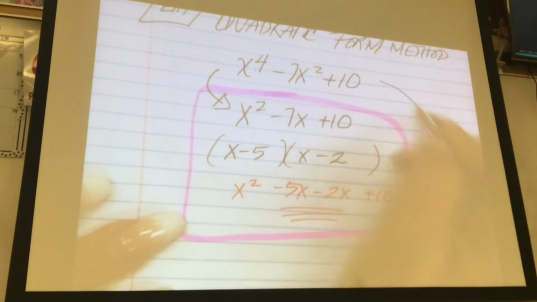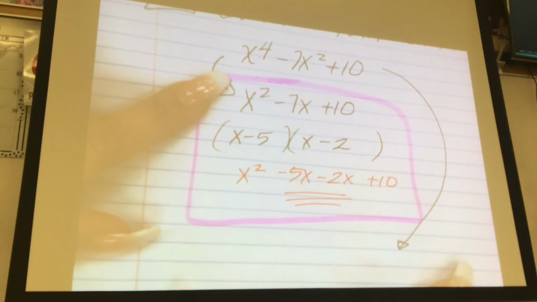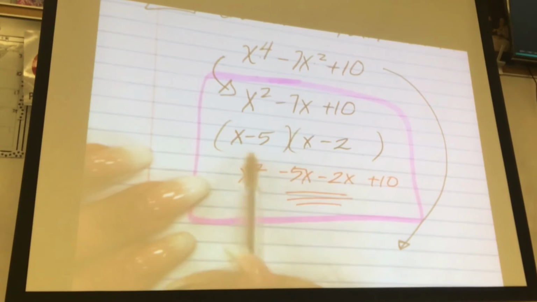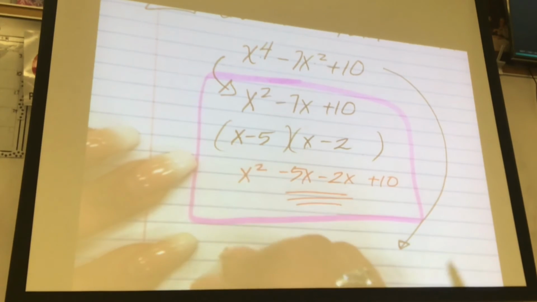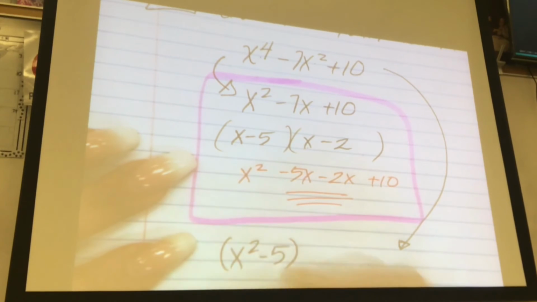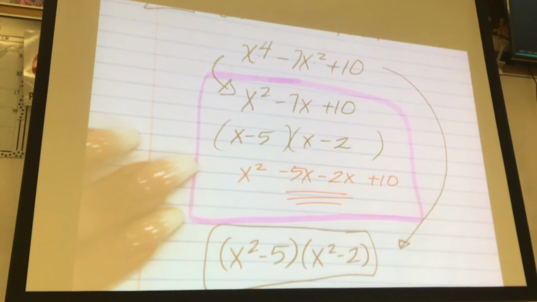So how would I factor x to the fourth minus 7x squared plus 10? Instead of x minus 5, what is it going to say this time? X squared minus 5. And instead of x minus 2? X squared minus 2. And that's what's called quadratic form.